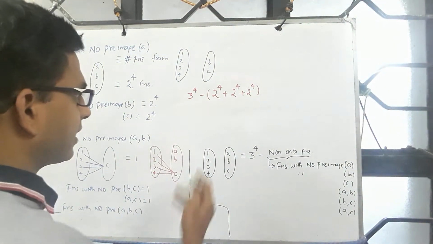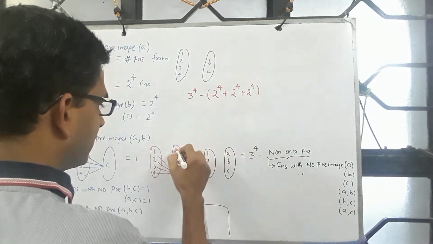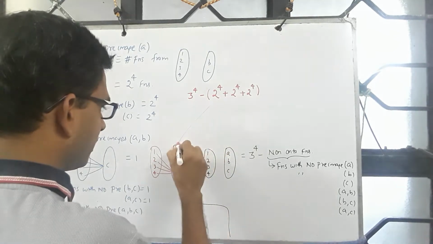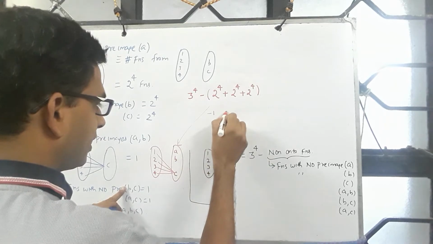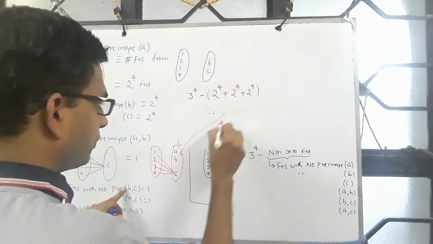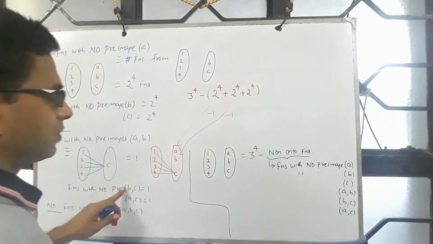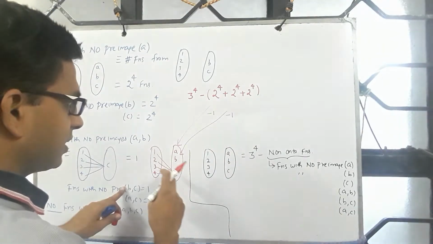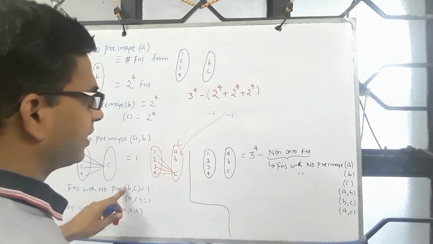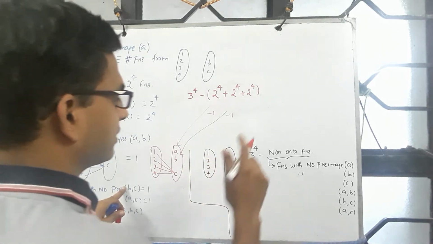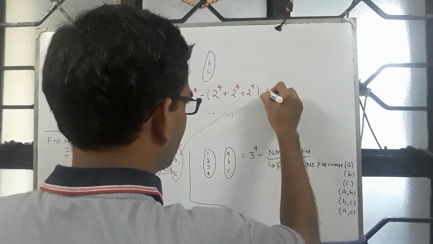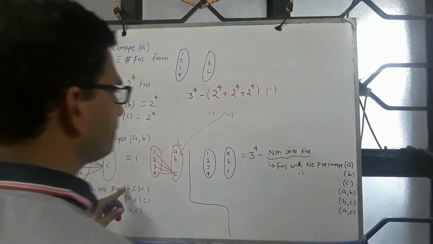So we have subtracted once with respect to A, and we have subtracted again with respect to B, which means this function is subtracted twice. Ideally we should subtract only once, so we should add back that function.